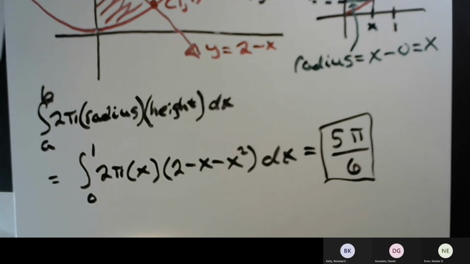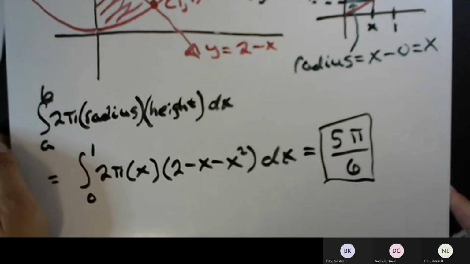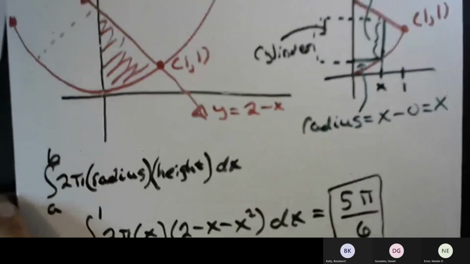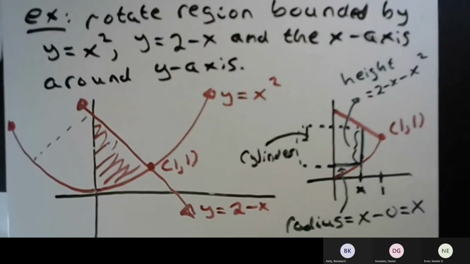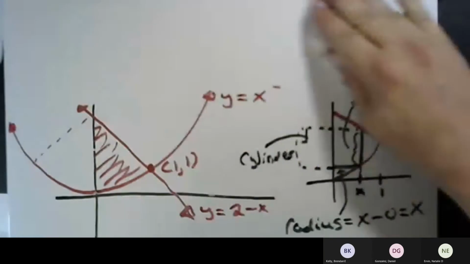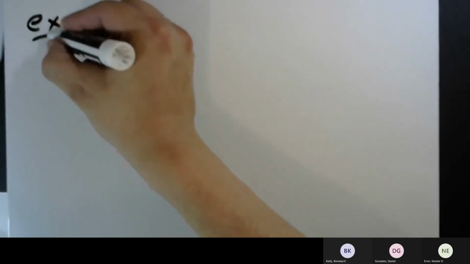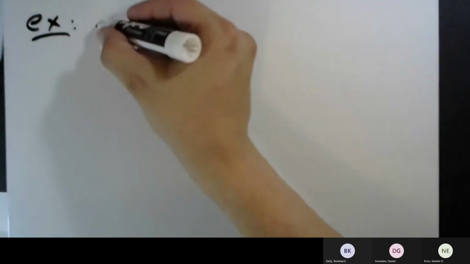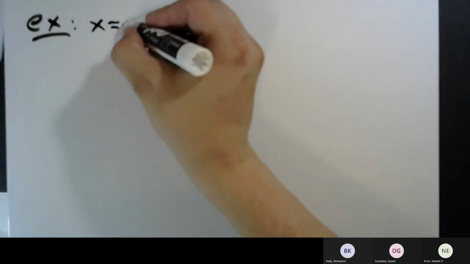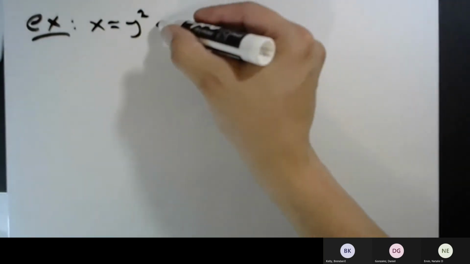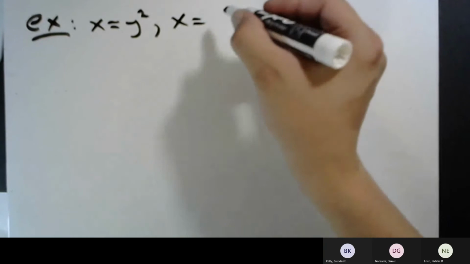So let's take a look at another situation where we're going to rotate around a horizontal axis. Again, if you need me to slow down, I'm erasing, just let me know. So let's say we have a region bounded by these curves.